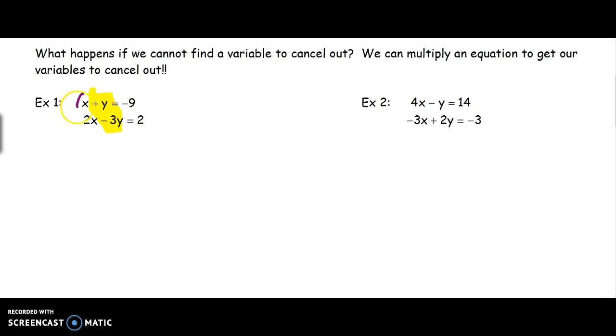So in this problem, I need somehow this to become 3. So you are allowed to multiply the whole equation by 3. Okay, not just the first two, but the answer as well. So you have to distribute this in 3 times. So when you rewrite this, you would have 3x, because 3 times x is 3x, plus 3y is equal to negative 27.